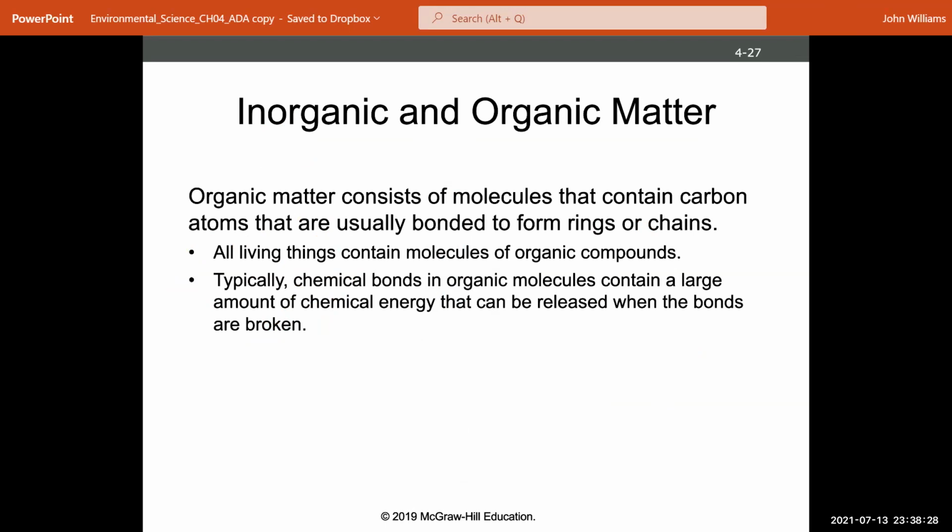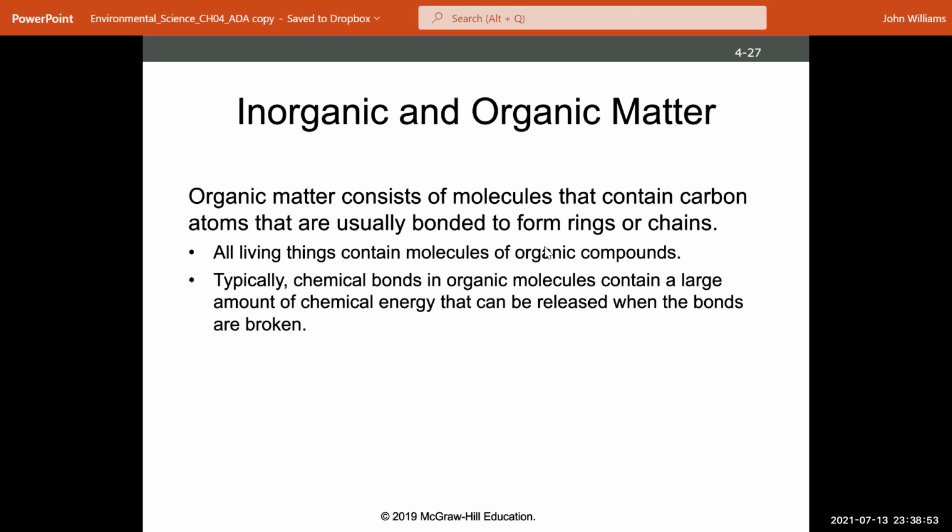So organic molecules can be rings, like steroids. Glucose forms rings in water, or chains. Chains would be like starches, which are long chains of glucose molecules in plants, and glycogen is long chains of glucose molecules in animals.